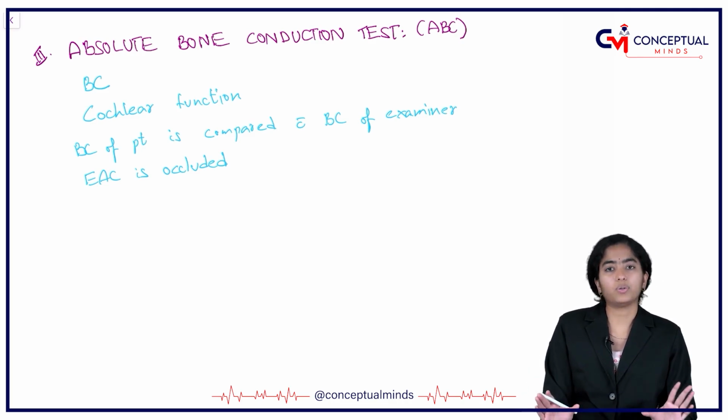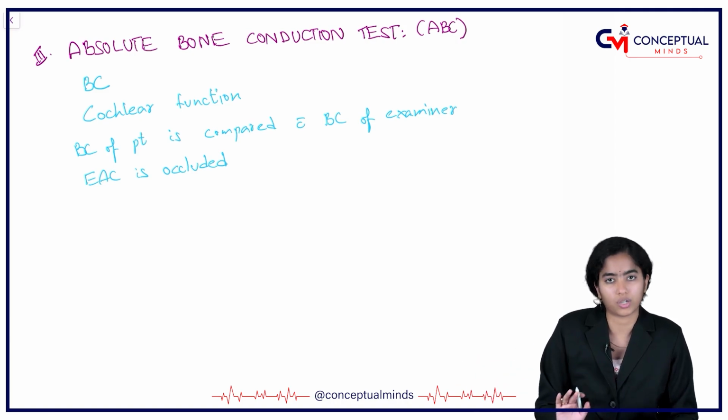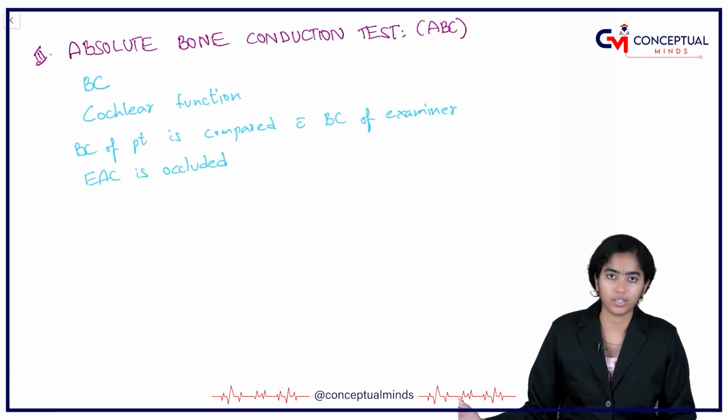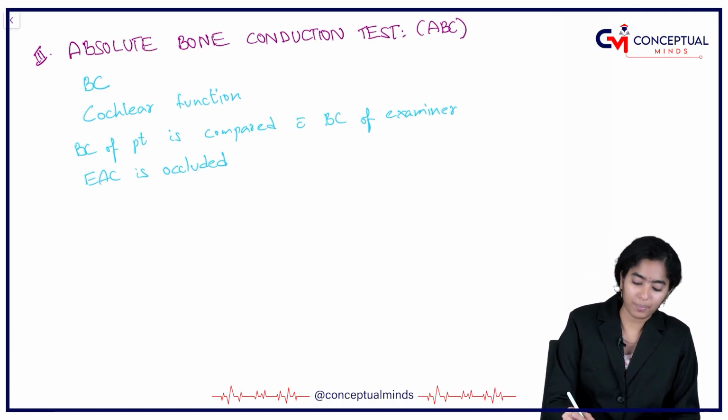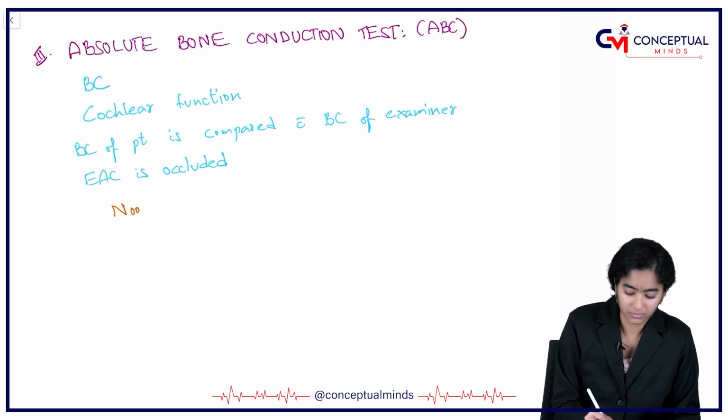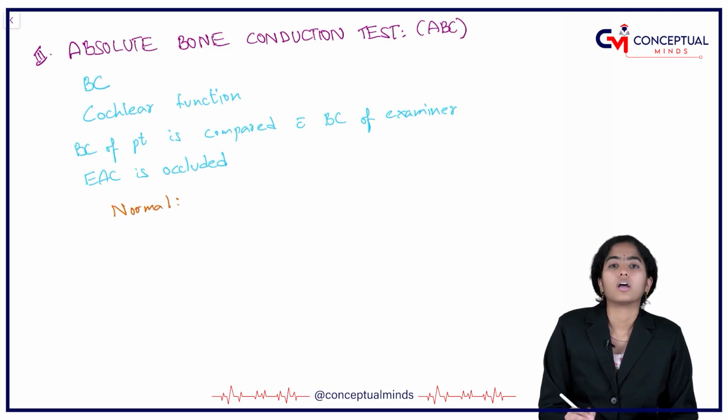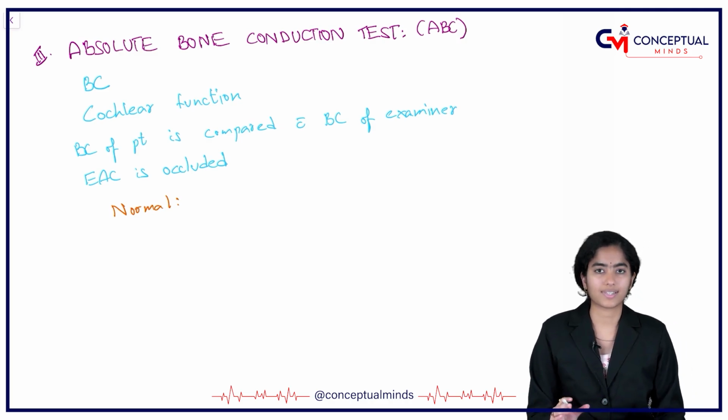And then we are absolutely checking only the bone conduction of examiner versus bone conduction of patient, assuming the examiner has normal hearing. Then what happens is, if the patient is normal, then both the examiner and patient will perceive for the same duration.